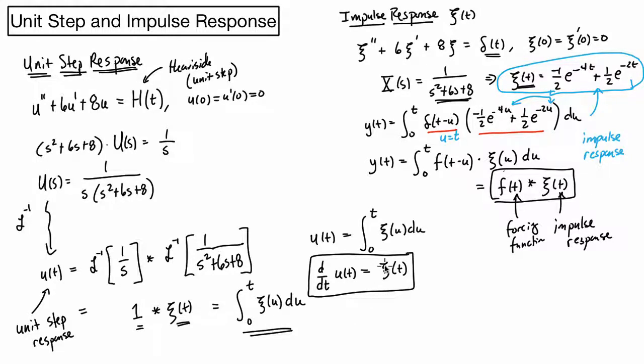Meaning, if you solve for the unit step response, you can find the impulse response simply by taking the derivative of your solution. And vice versa, if you find the impulse response, you can find the unit step response by integrating your solution. They are a derivative-integral sort of pair, right? They're paired through either the derivative or integral, depending on how you want to look at it.